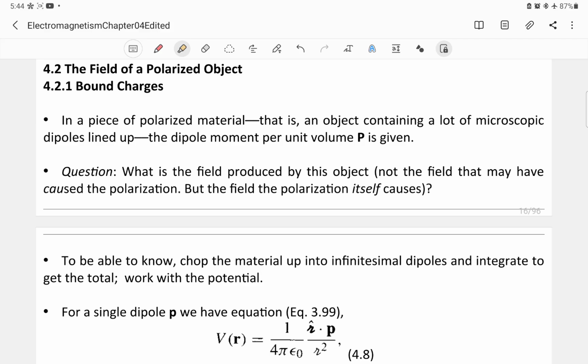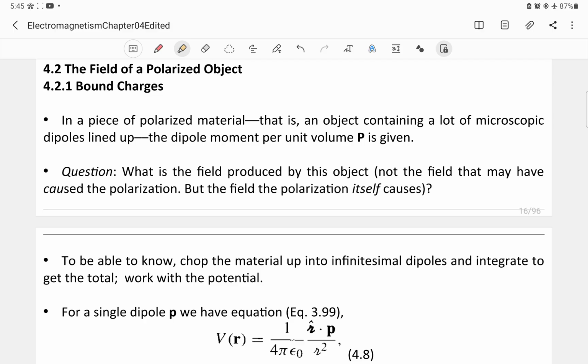So the question: what is the field produced by this object? It's not the field that may have caused the polarization, but the field the polarization itself causes. When you have atoms with dipole moments in a material, they have in general polarization.